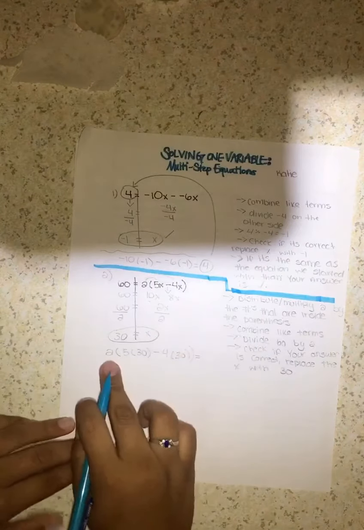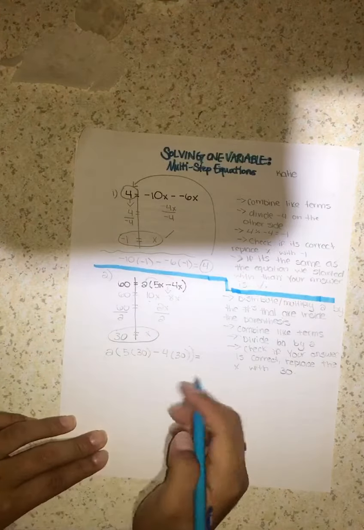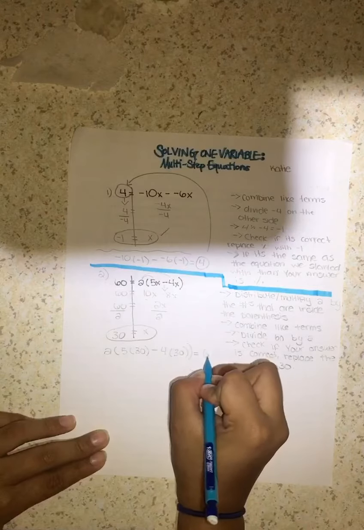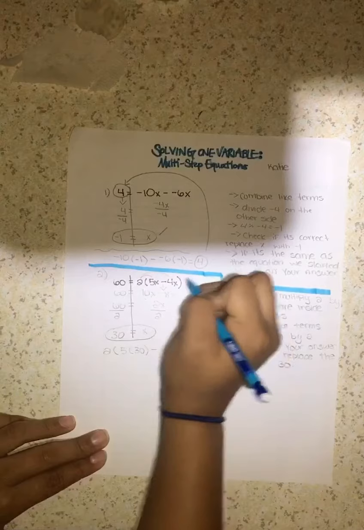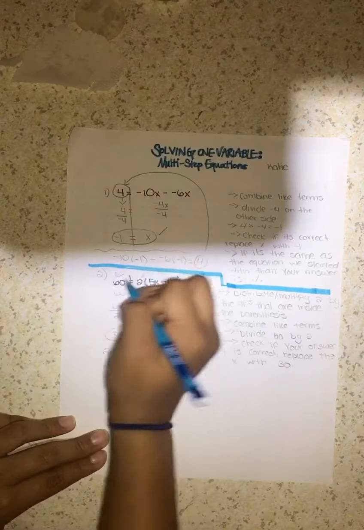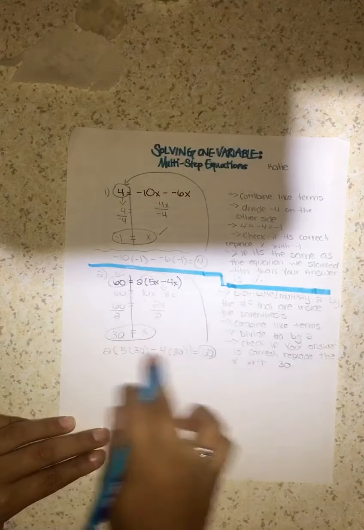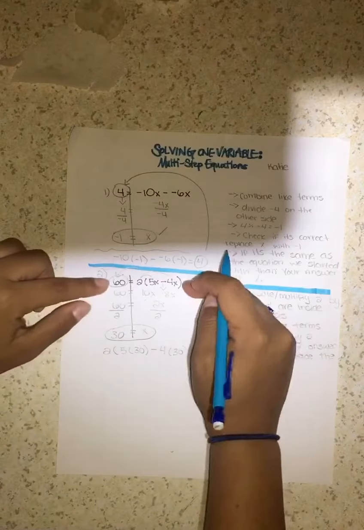If we do that on our calculator, it should equal 60, which is what we had up here. So the equation is the same as we had up here.